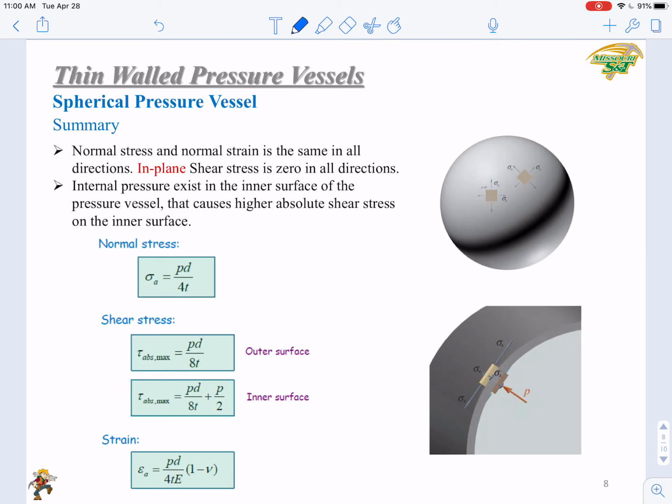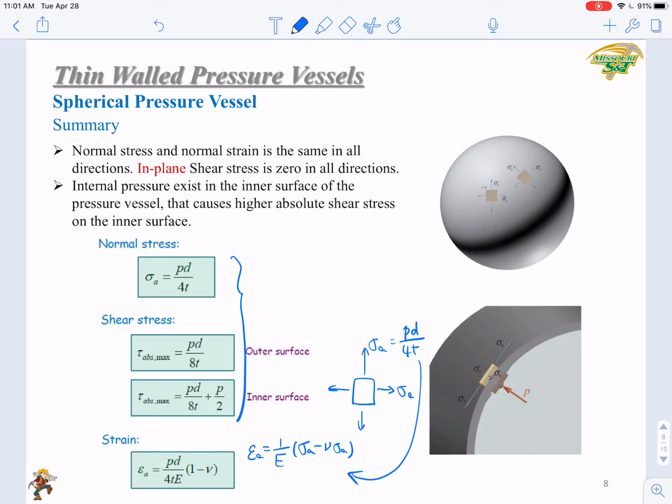Based on the 2D generalized Hooke's law, it is calculated as 1 over E times sigma A minus nu sigma A. Here sigma A equals PD over 4T. In these 3 equations we use D, not R. So you just put this in here, and you will be able to get this equation. This is how we derived the 4th equation.